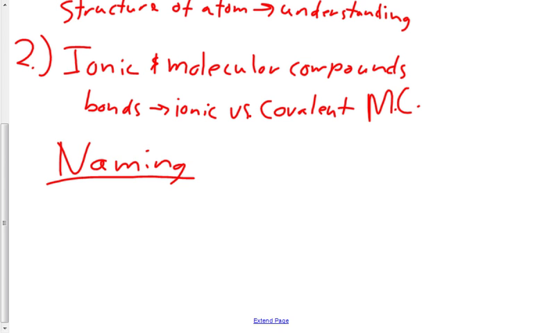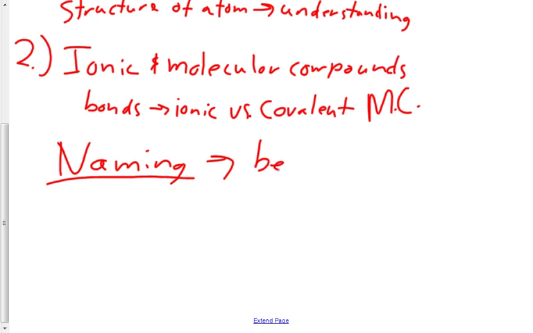Where else is naming important? Molar masses? Well, not so much balancing, but for certain writing them out in words, yes. Writing out reactions in words, naming is important. We have to be able to get those. Or if I give you the reaction in words, you can write it in formula form. So those things, certainly naming, you have to be able to do that.